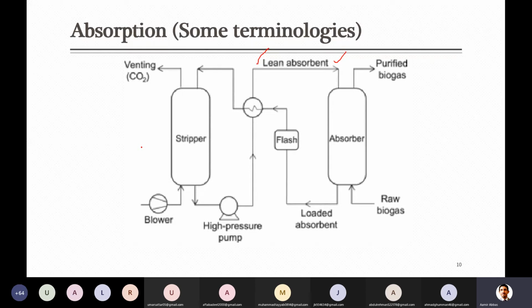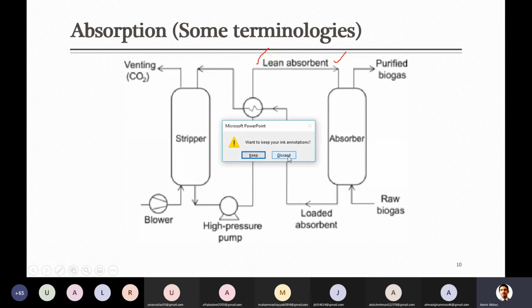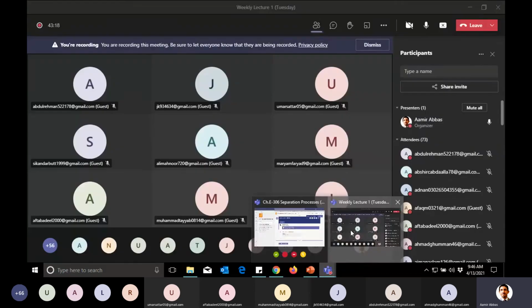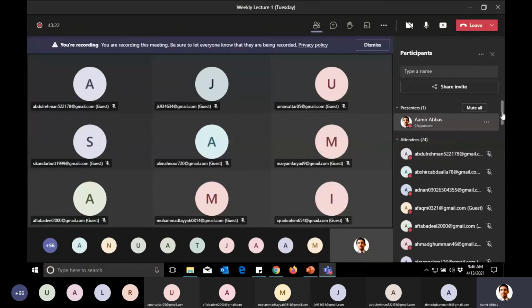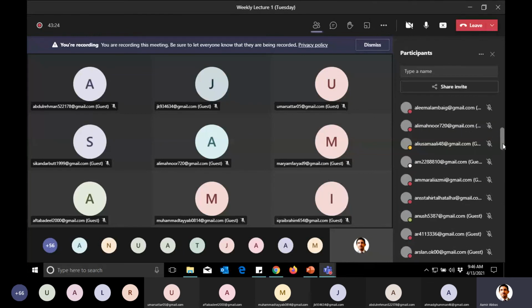So what you do is install a simple valve or flash so that the pressure of this stream, which was coming at high pressure, can be decreased, and that decrease in pressure will help you in the stripper. So that's the reason to install some flash in between.